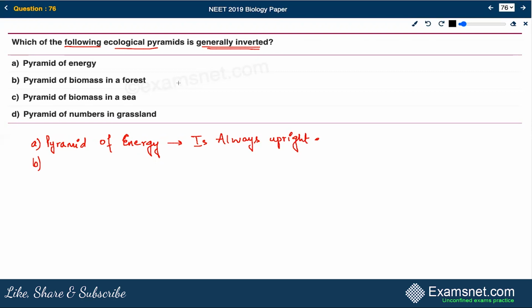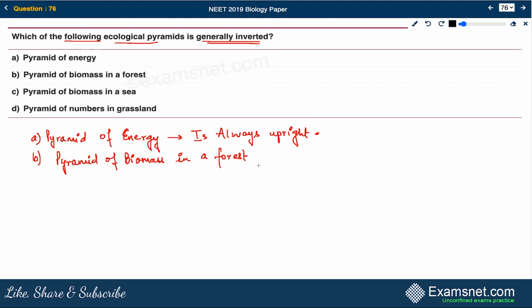Now, option B says pyramid of biomass in a forest. Pyramid of biomass in a forest is considered to be an upright pyramid.